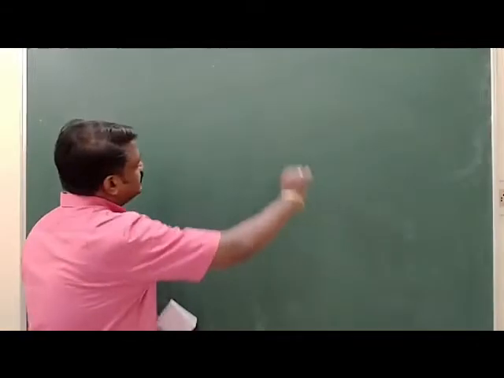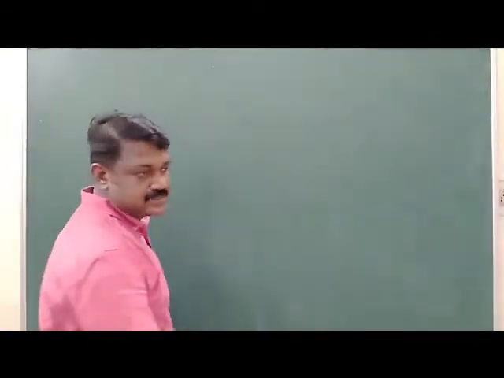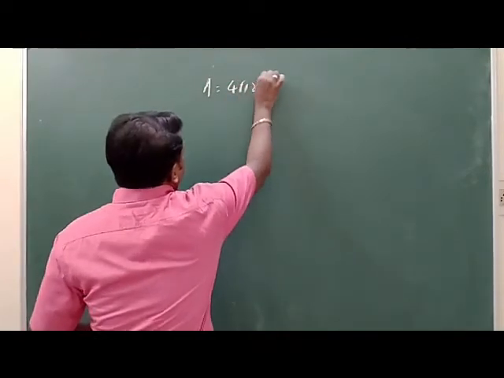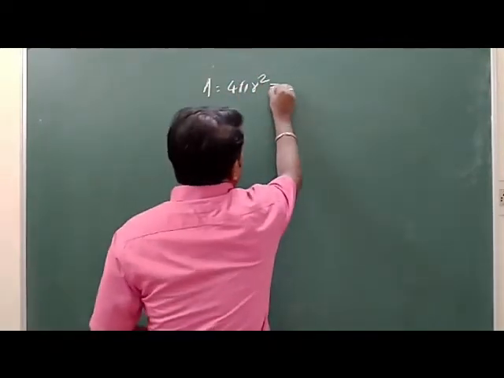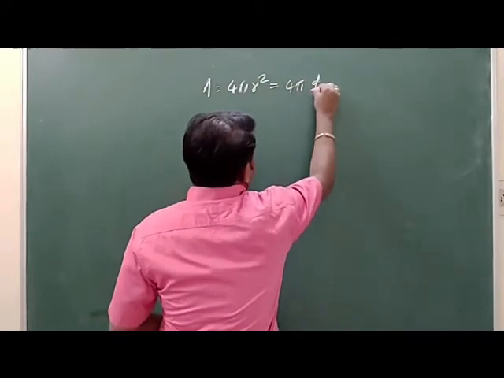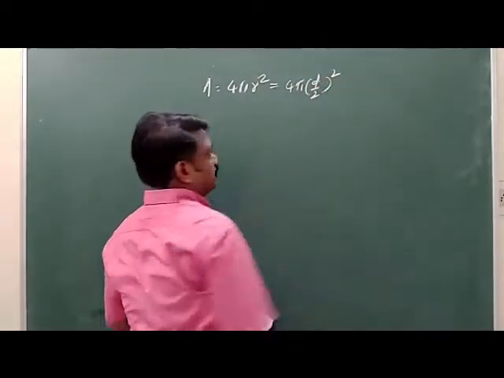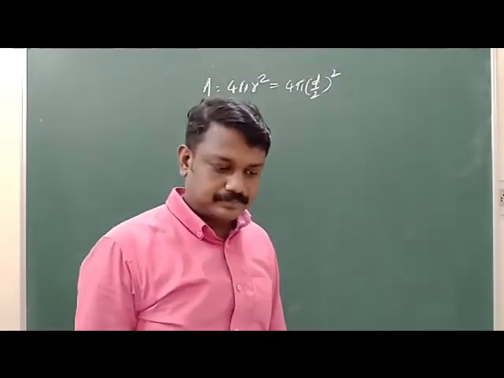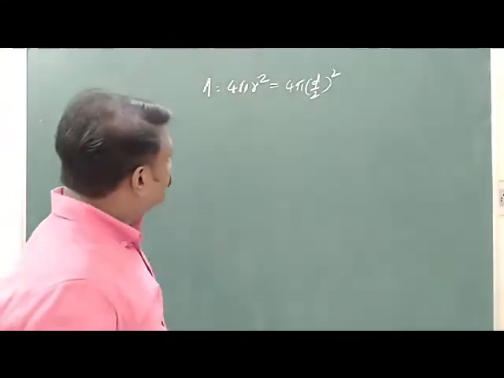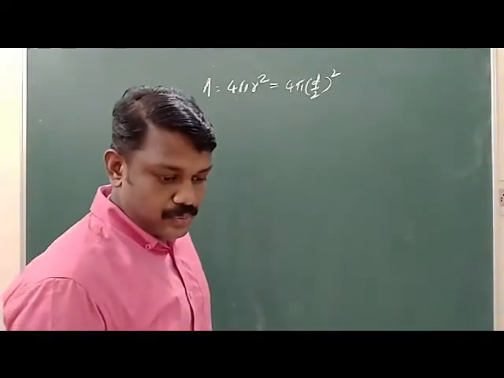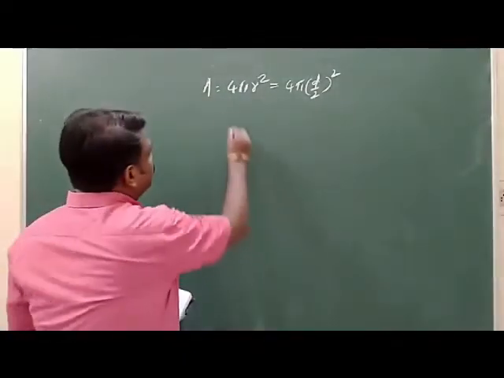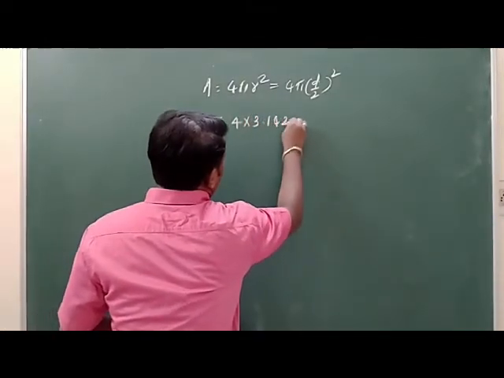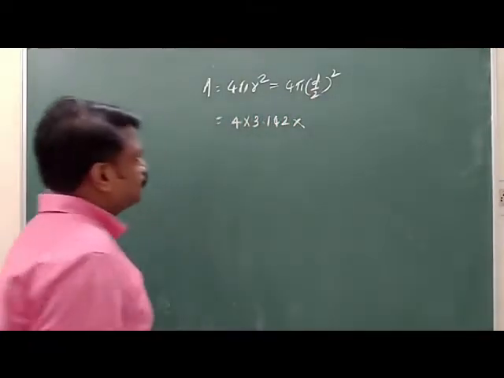You know what the surface area of a sphere is? Surface area is equal to 4 pi r square, which is equal to 4 pi into d by 2 square. So it will become 4 into 3.142 into, what is d by 2?